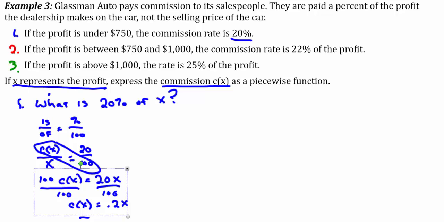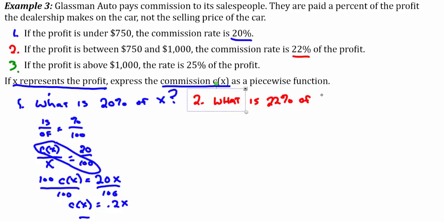For the second equation, we'll be answering the question, what is 22% of, and again it will be X because we don't know what the profit is. So what is 22% of X? Again, we'll use is over of equals percent over 100.